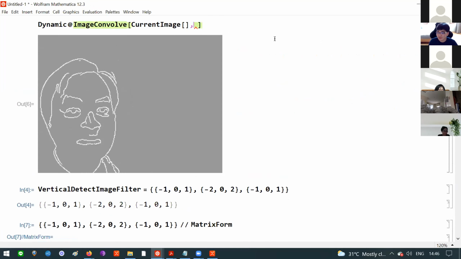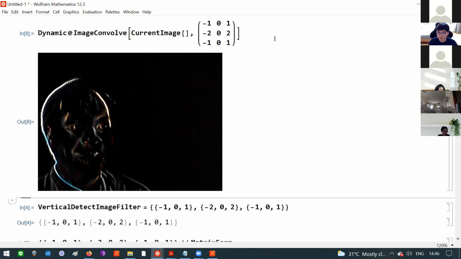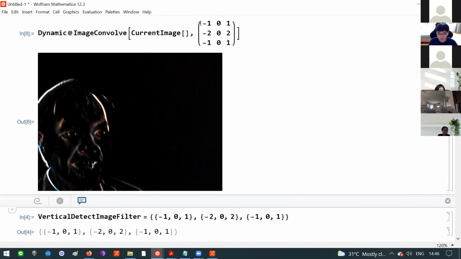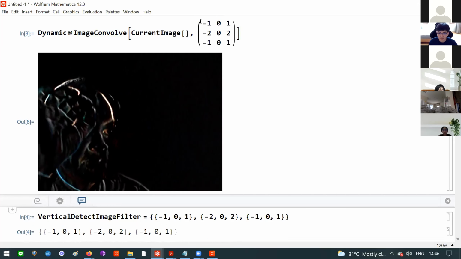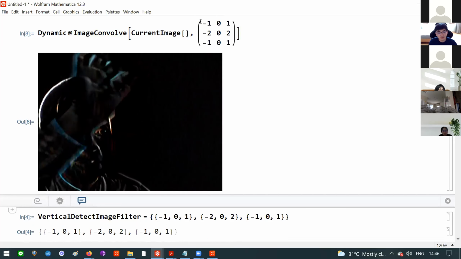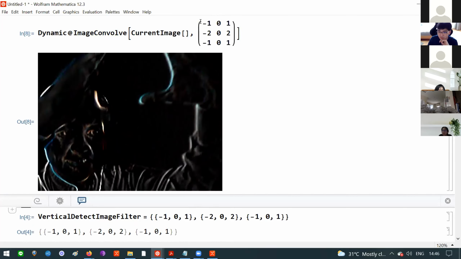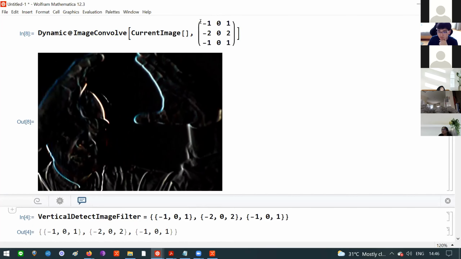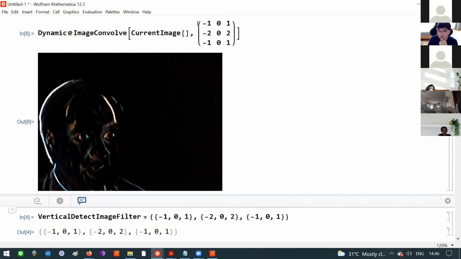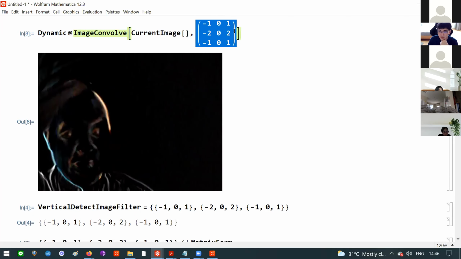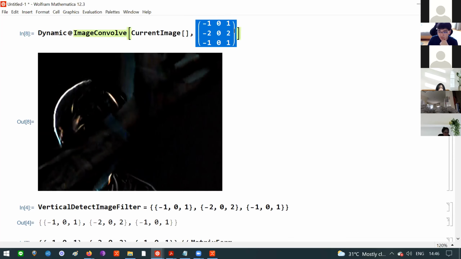What it does is that for every pixel from the top left to the bottom right, you apply this scanning window of 3 by 3 pixels.